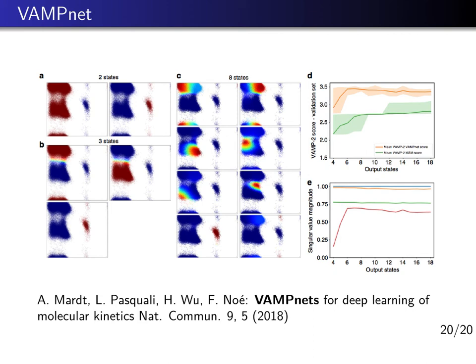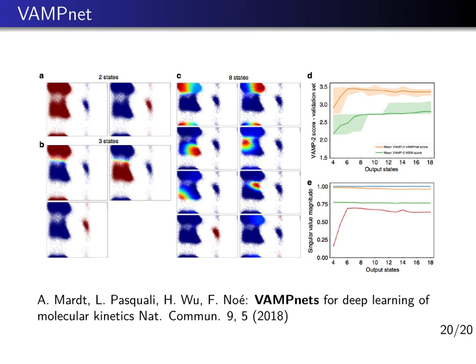Finally, because we have a loss function or a variational score that we optimize when we optimize VAMPnets, we can also use it to do hyperparameter optimization. So for example, we can ask the question, how many latent states do we want? Do we want 2, 3, 8, 6, etc.? And what we can do is we can simply compute the test set or the validation set error, or the validation set VAMP score, and in this case maximize it over the number of states.